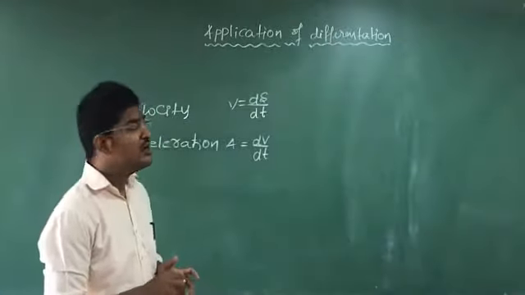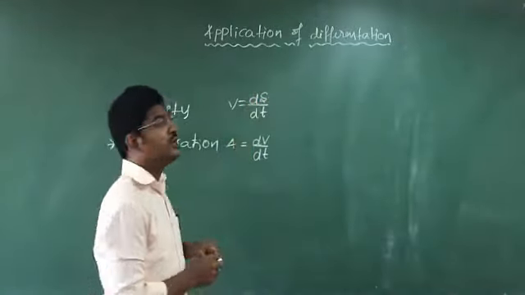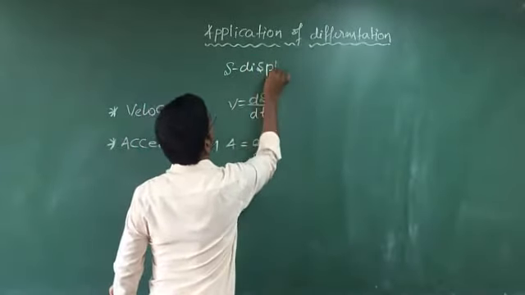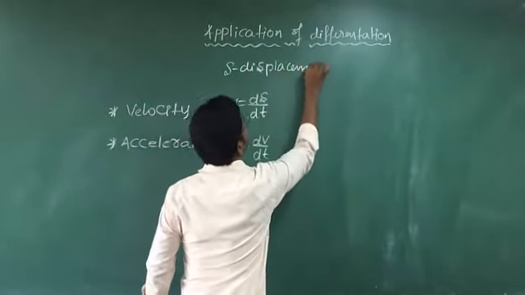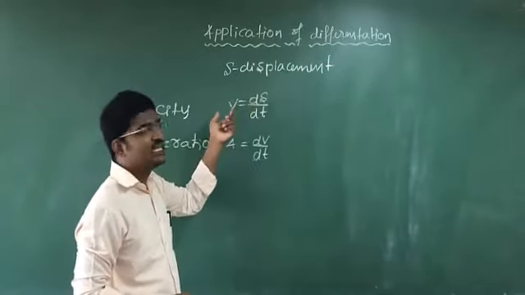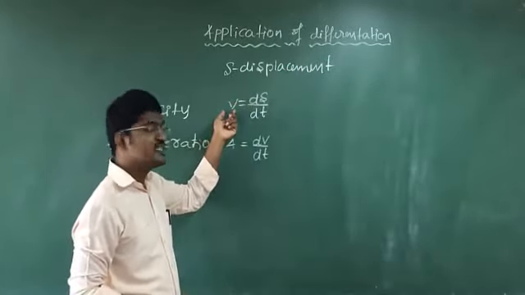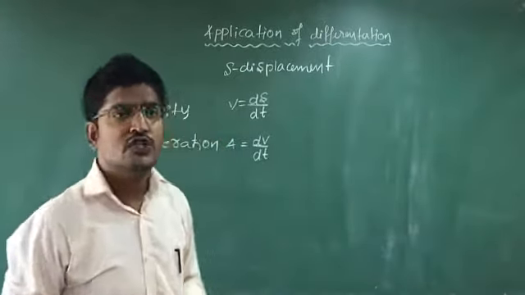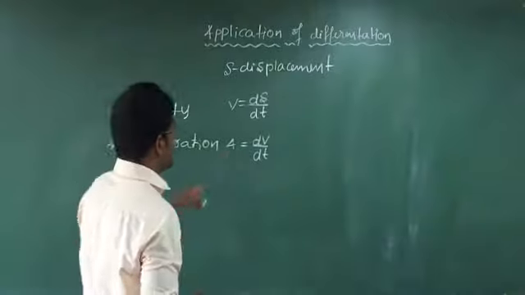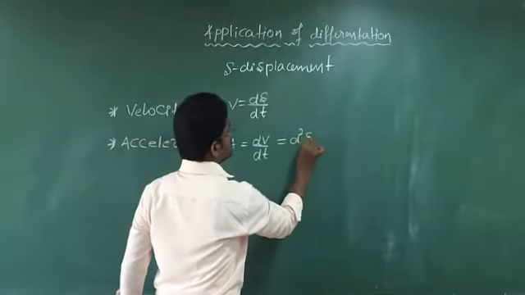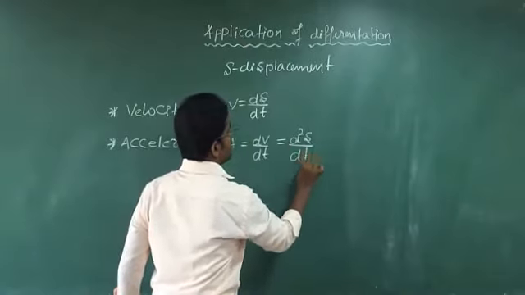If I calculate displacement, here s is displacement. Using this displacement I calculate velocity, and using this velocity I calculate acceleration. Here you can observe that acceleration is the double differentiation of displacement.